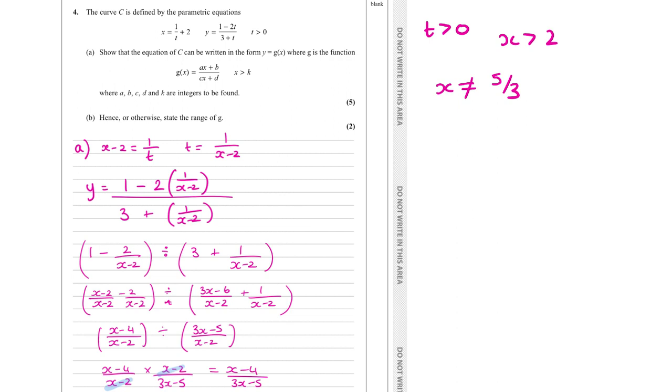Why is x greater than 2? So my range of values for when t is greater than 0, we also know that y, if we go back to the first one, has to be less than a third. Okay?